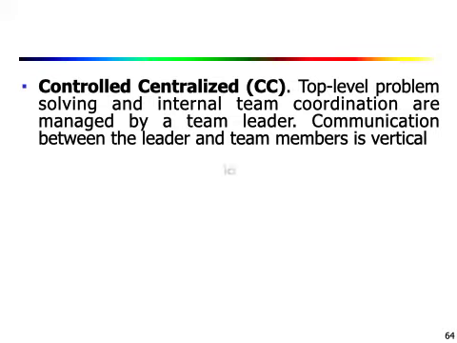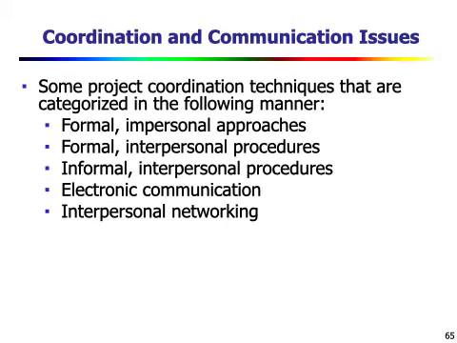We have talked about the team lead, different teams, how software teams are formed, and how the team organization happens. Now there will be some coordination and communication issues that can occur within a team. So some project coordination techniques are categorized in the following manner: formal impersonal approaches, formal interpersonal procedures, informal interpersonal procedures, electronic communication, and interpersonal networking.